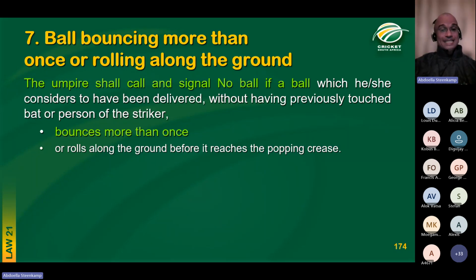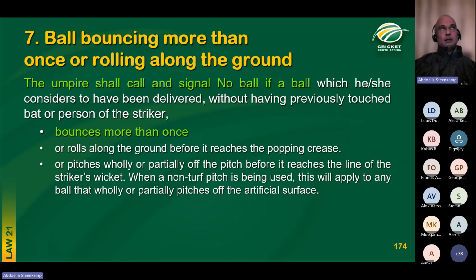So it needs to bounce more than once before reaching the popping crease. Or the bowler bowls the ball almost on his or her toes and now it starts rolling towards the batter. If it rolls before reaching the popping crease, either umpire needs to call and signal no ball.